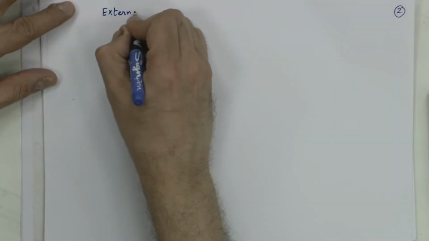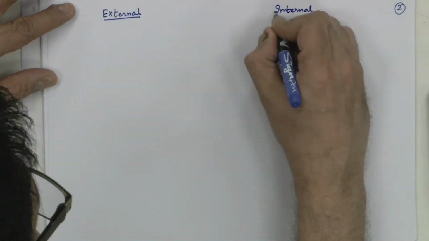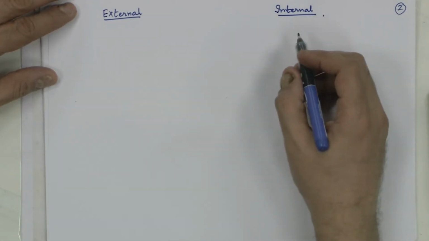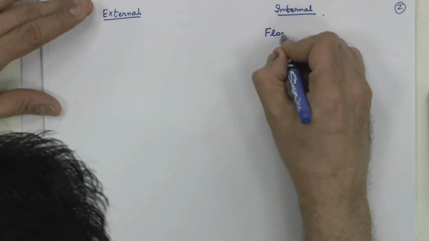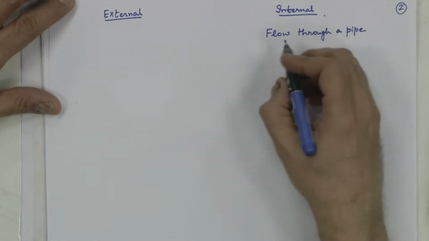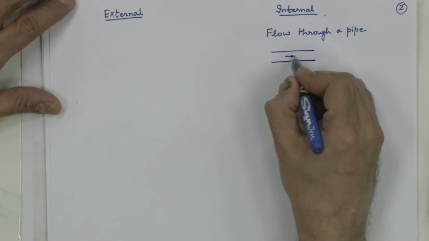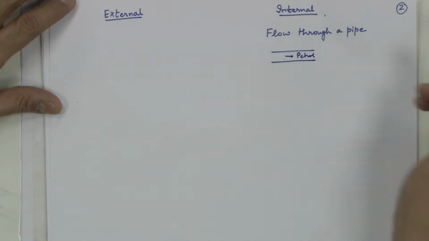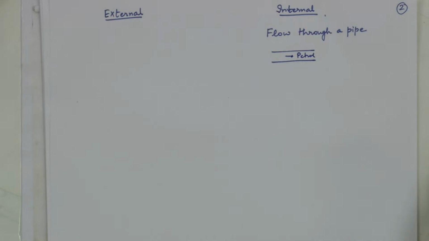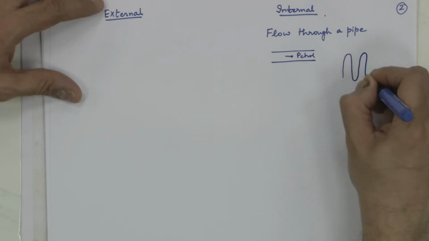So, what is external versus internal flow? These are basically two types of flows which we have in fluid mechanics and in real life applications. Internal flow, all of us know, is flow through a pipe, and you can see this everywhere in real life. Pipes bringing water to your house, pipes carrying petrol in your petrol pumps, underground pipelines carrying water, carrying sewage, natural gas pipelines, pipes carrying refrigerant in the back of your refrigerator, air conditioning equipment.